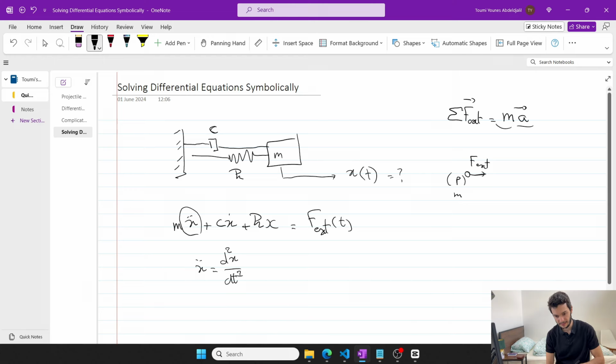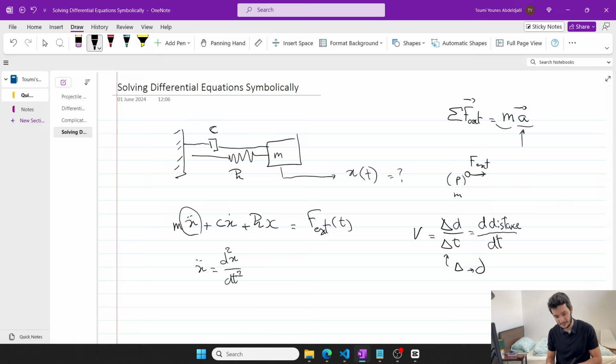Now, what you will notice is, from this acceleration, we know that the relationship between the acceleration, the speed and the distance is the derivative across time. For example, we know that the speed is some sort of difference in distance divided by a difference in time. If we take this difference to a very, very small difference, it will become a derivative. So we can say that the derivative of the distance across time will be equal to the speed, depending on time.